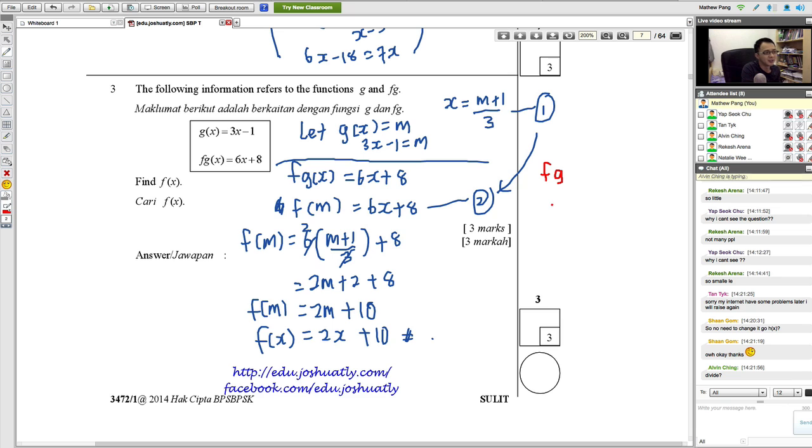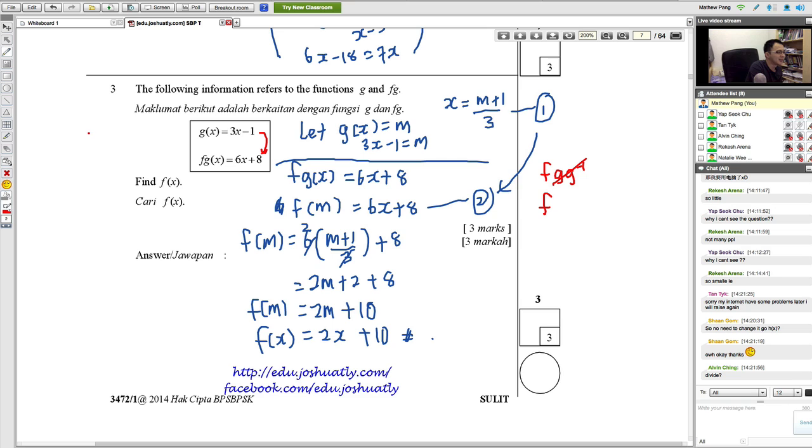In order to get f, I can substitute g inverse into here, because g and g inverse you can simplify and then you will get f. So if you want to do g inverse, you substitute into here, you will get the same equation. So I just do a quick one for g inverse.